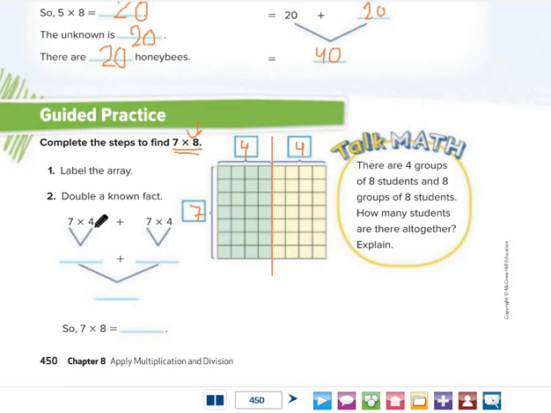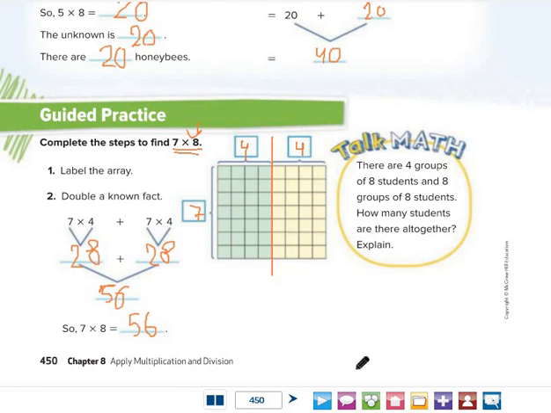So now 7 times 4 equals 28. Plus, we will duplicate the product. So 28 again. Now 28 plus 28 equals 56. So 7 times 8 equals 56. So easy. So please, grade 3, be sure to write these answers in your book.